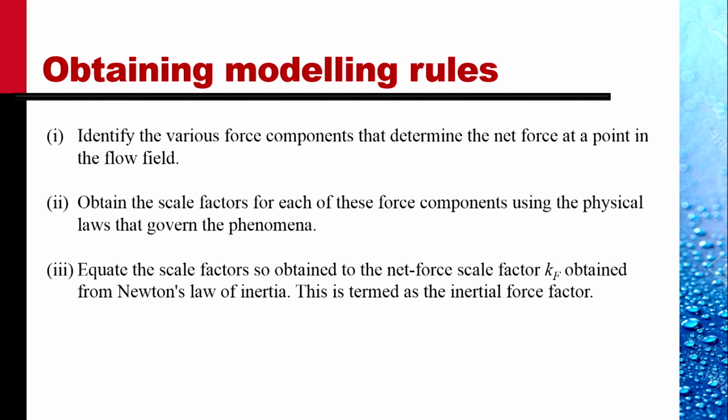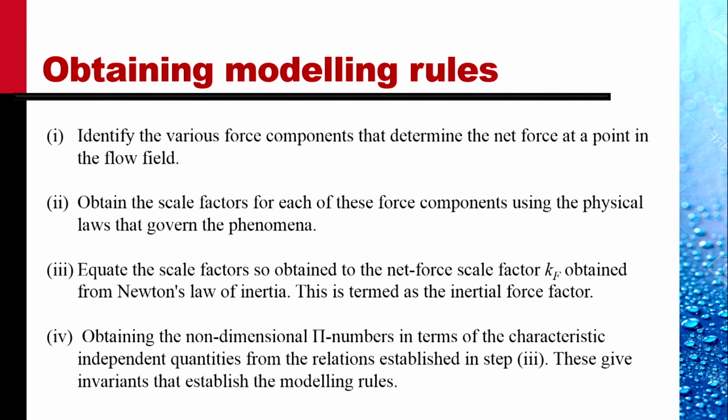The third step, equate the scale factor so obtained to the net force scale factor Kf obtained from Newton's law of inertia. And this scale factor is termed the inertial force factor. Then obtain the non-dimensional pi numbers in terms of the characteristic independent quantities from the relationships established in step 3 above. These give invariants that establish the modeling rules.